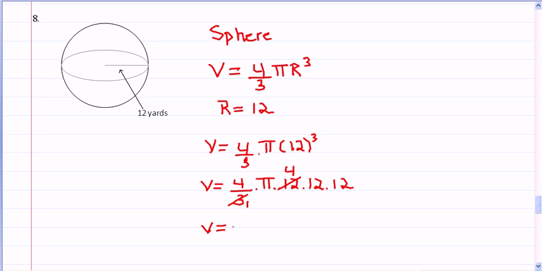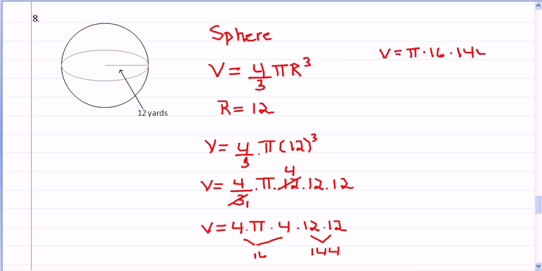So we have 4 times pi times 4 times 12 times 12. So this 4 and this 4 multiply to 16. This 12 and this 12 multiply to 144. So coming up on the right side of the screen, we have pi times 16 times 144.